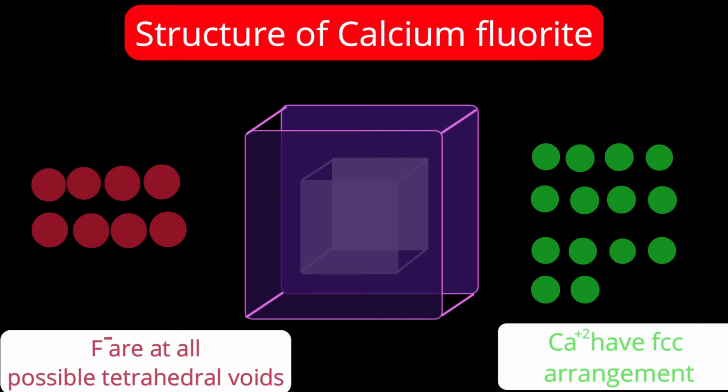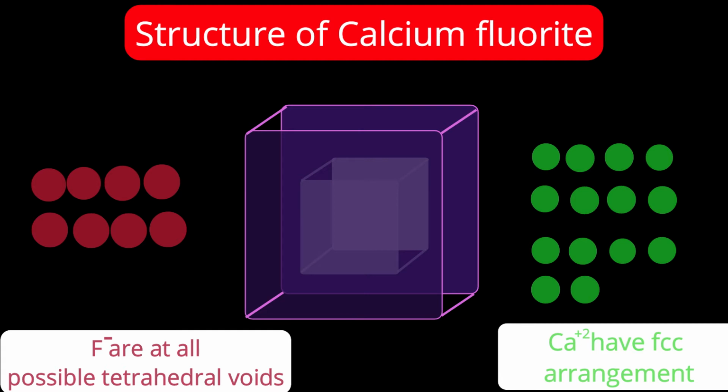What about fluoride ions? Fluoride ions will occupy the position of each corner of the inner cube. 8 fluoride ions are there. They are larger than calcium ions and they will be placed at each corner of the inner cube.